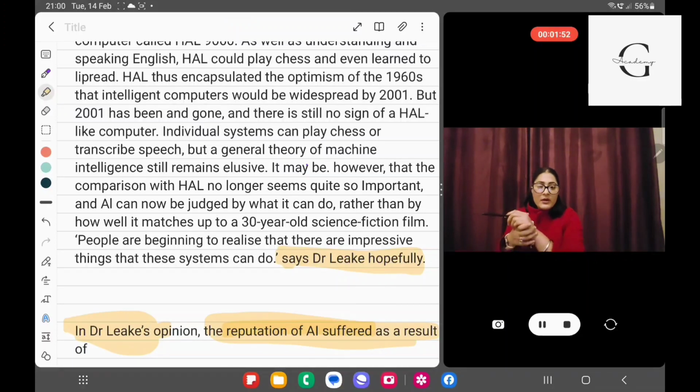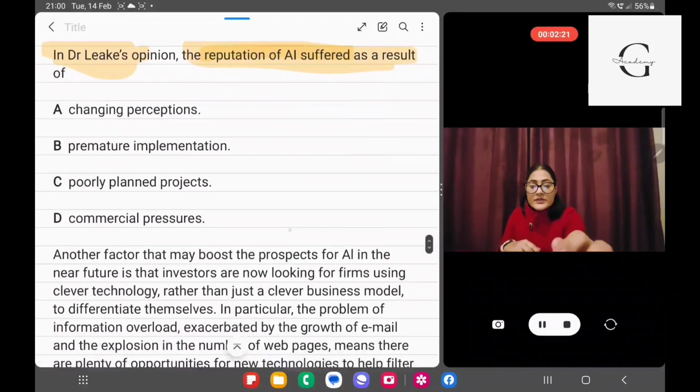It may be, however, that the comparison with HAL no longer seems quite so important, and AI can now be judged by what it can do rather than by how well it matches up to a 30-year-old science fiction film. People are beginning to realize that there are impressive things that these systems can do. Let's see the options.